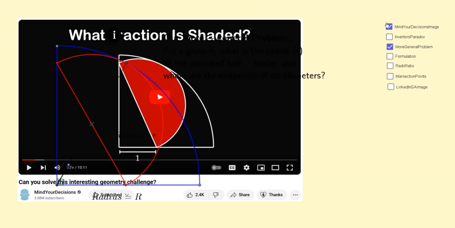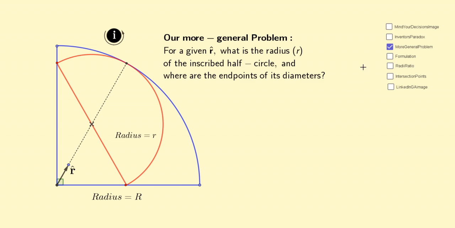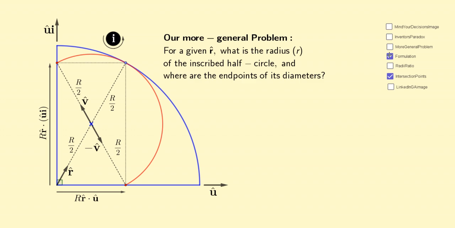Now back to our more general problem. We also want to know the endpoints. So knowing that the radius of the semicircle is half the radius of the quarter circle, we know that the radius of the semicircle is R over 2, so this distance here is twice the projection of this one upon u hat.